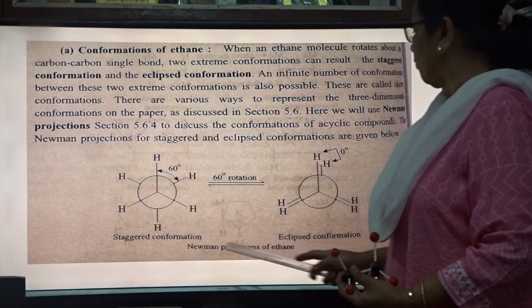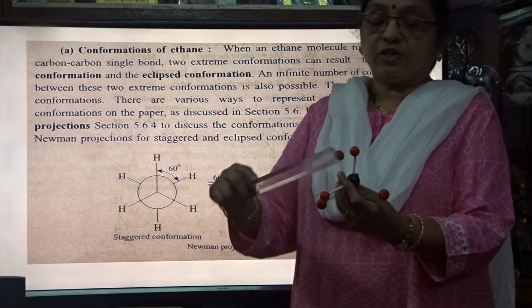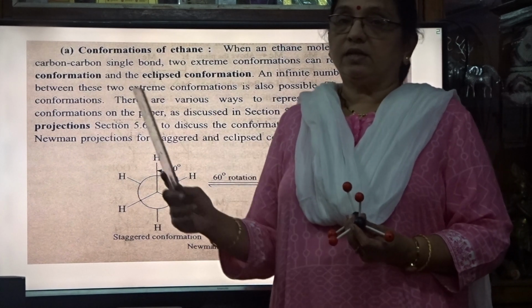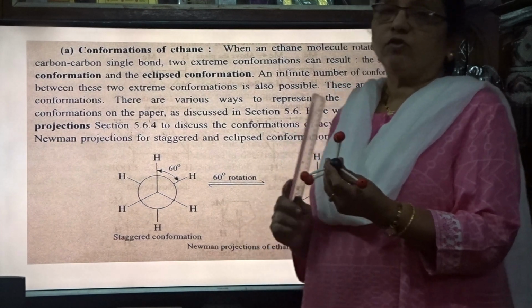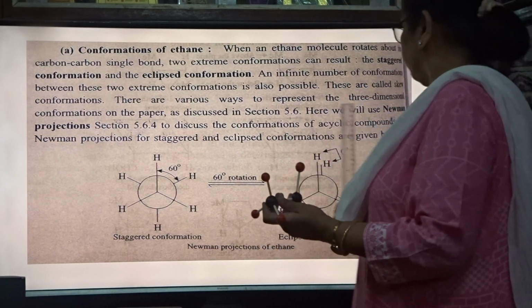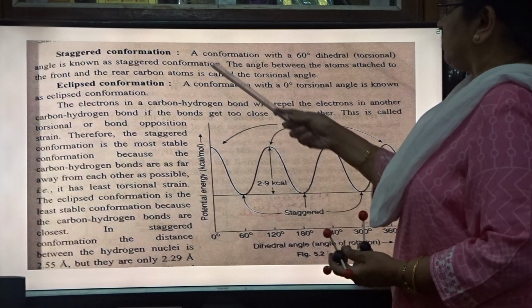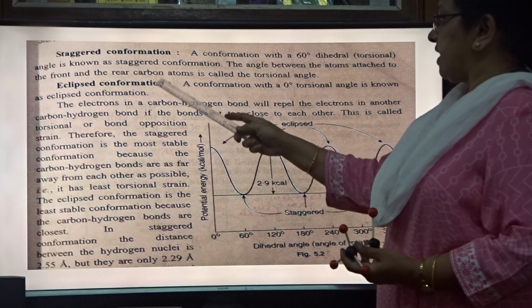This is the staggered conformation and the eclipsed conformation of ethane. This is the ball and stick model of ethane. The staggered conformation has a 60 degree torsional angle.